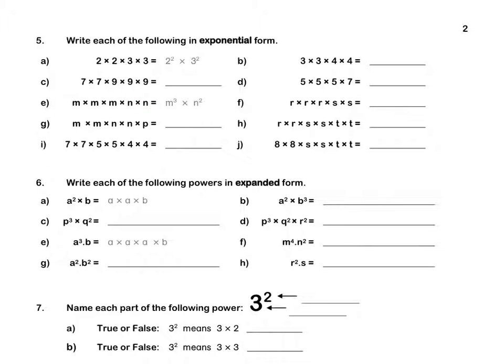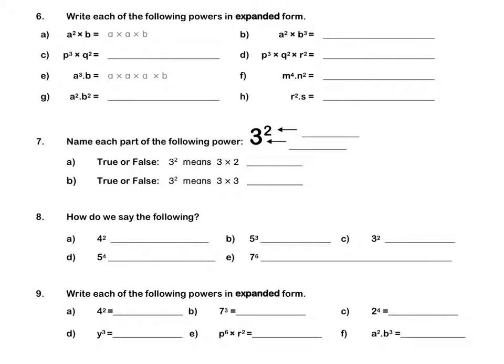For that, the base is n and the exponent is 2. Let's do H together. It's going to be r squared multiplied by s squared multiplied by t squared. Use what you have learned to complete question 5 by yourself.